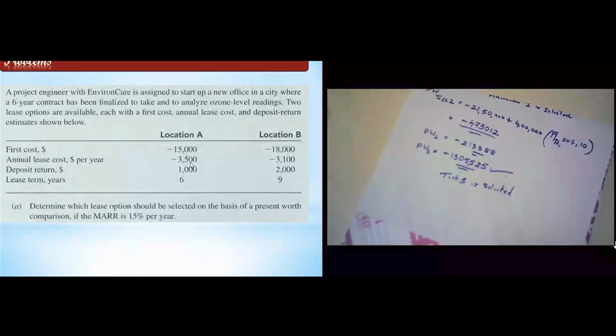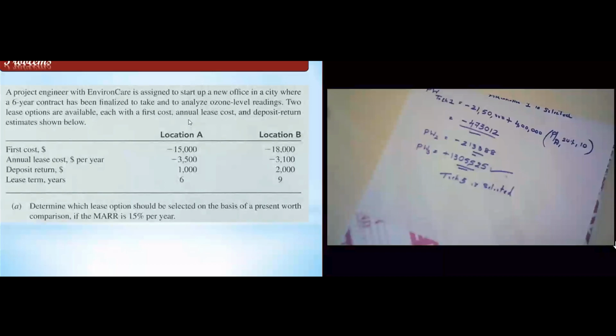For location B also you won't be having deposit return, but you will be having the first cost and annual lease cost for a period of 5 years, because my analysis period was 5 years, or the study period which the management has decided as 5 years. So I will take all the cash flows up to and including 5 years. After that, I am not going to consider any of the cost or revenue factors. So that is about study period.